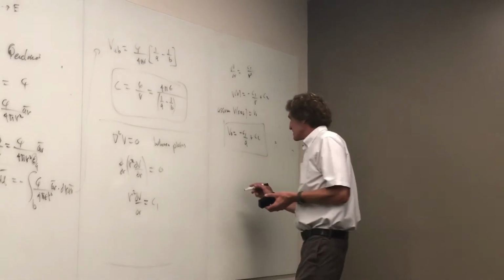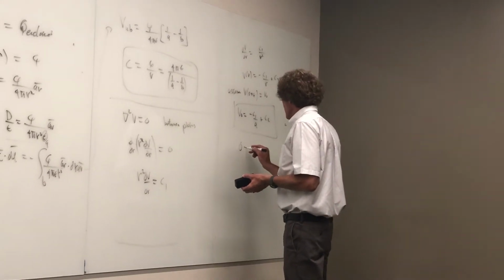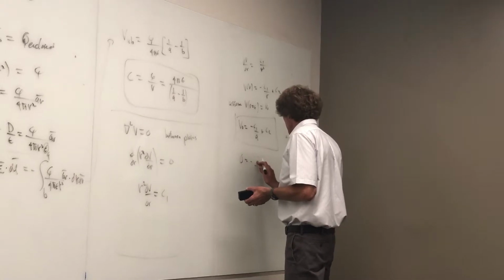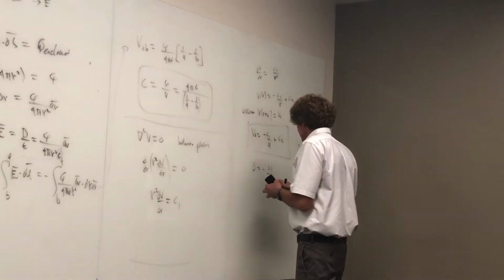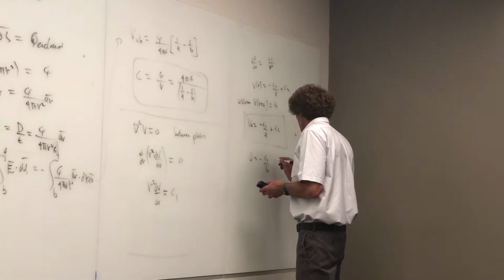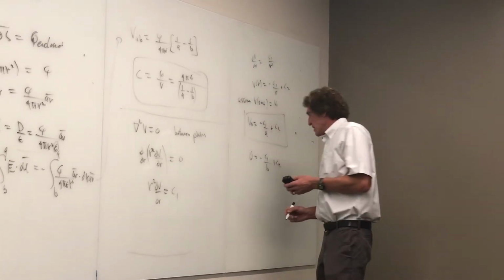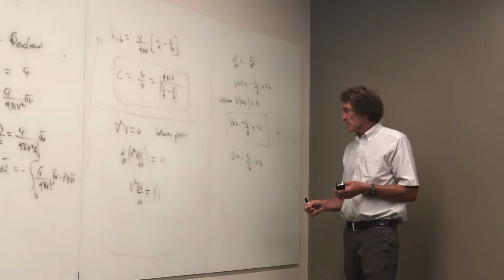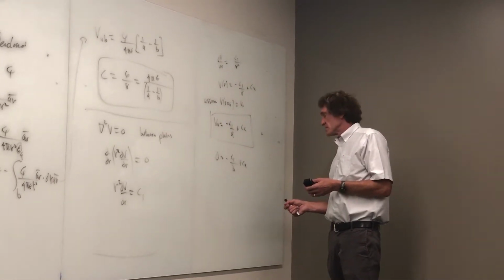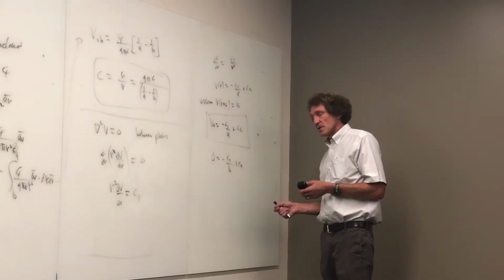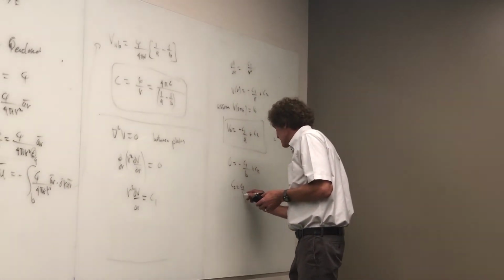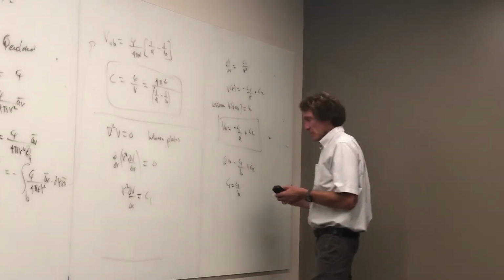0. So now I can say that 0 is equal to minus C1 over B plus C2. And here you can see that C2 is equal to C1 over B. You agree with me?